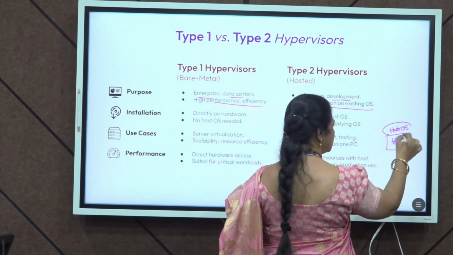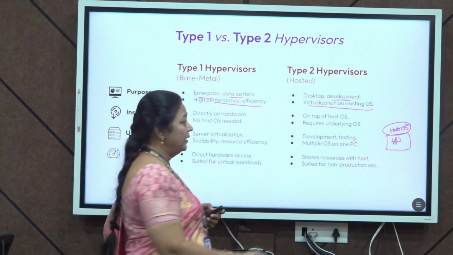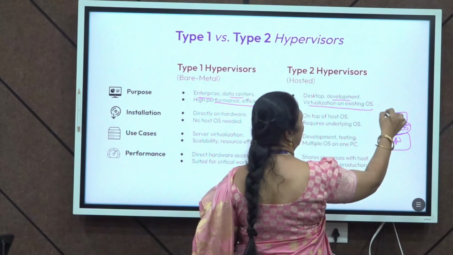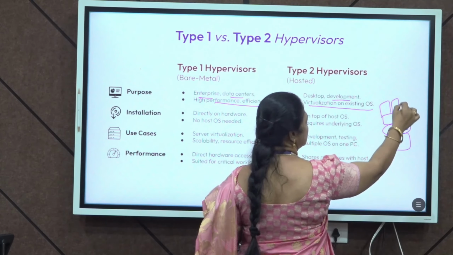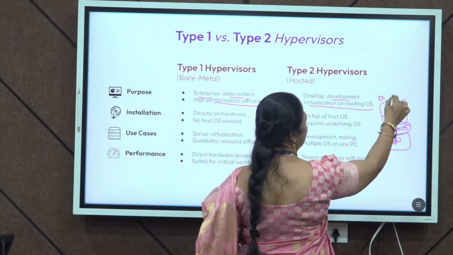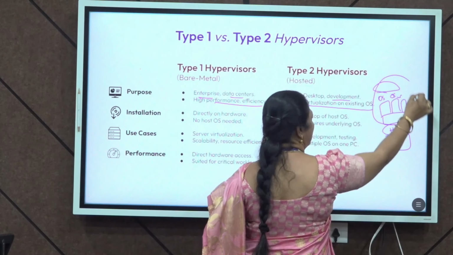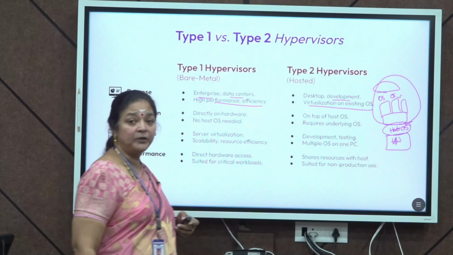If the host OS gets corrupted, then on top of it we have the hypervisor, above it a virtual machine, and above it the OS and many applications. So everything above this layer will be corrupted automatically.